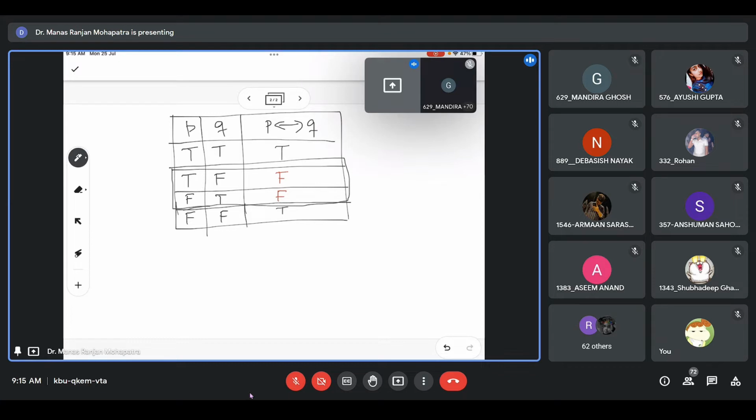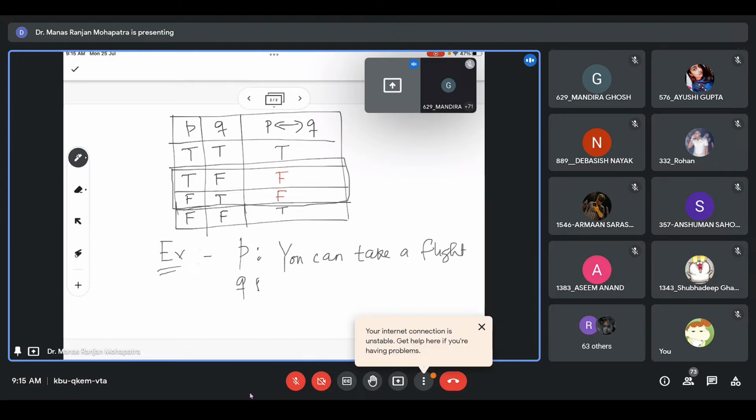Let us take this example. Suppose the statement P is that you can take a flight and the statement Q is you buy a ticket.